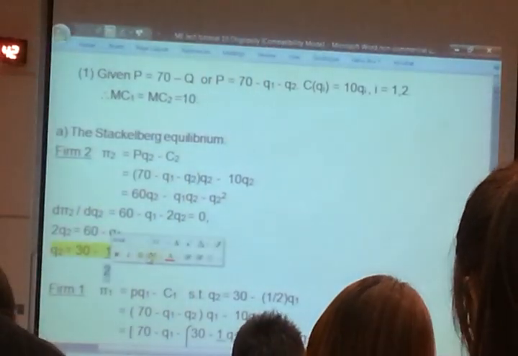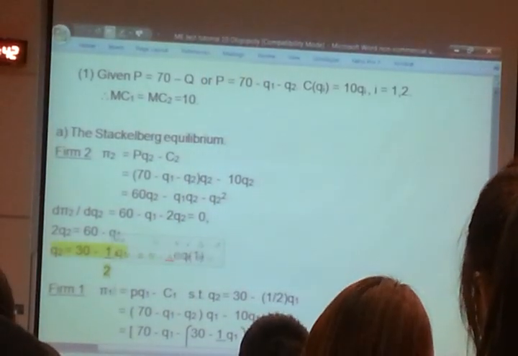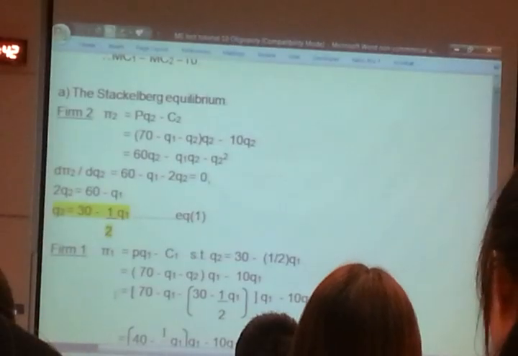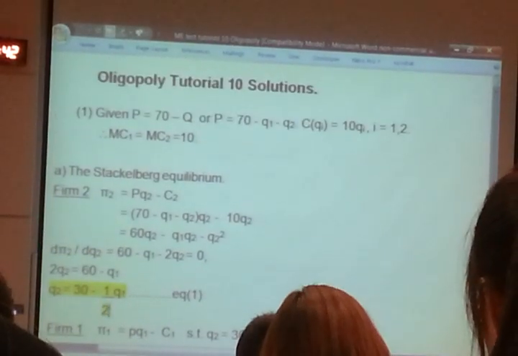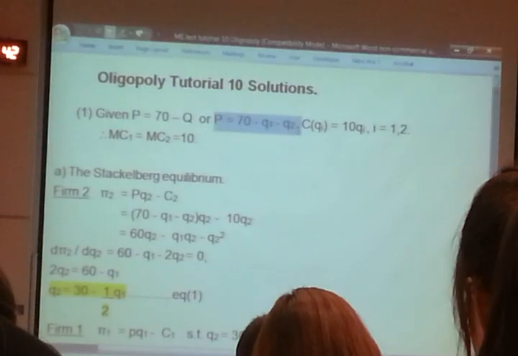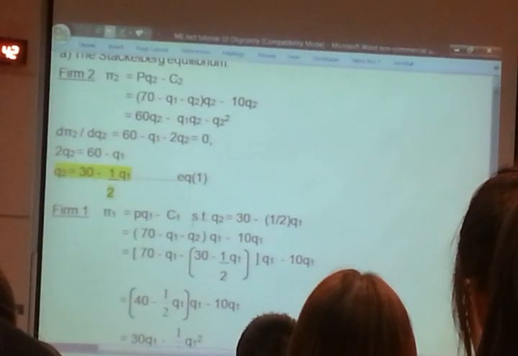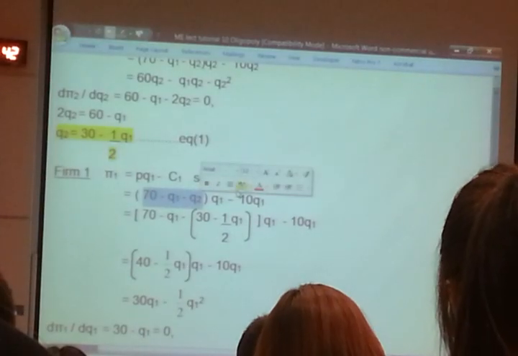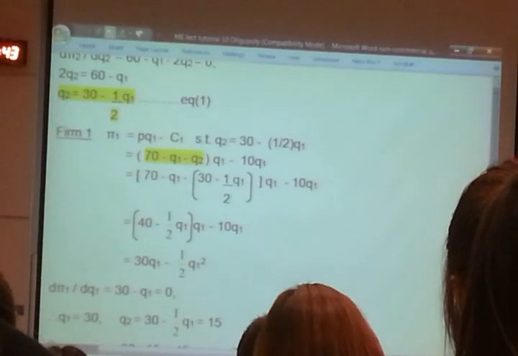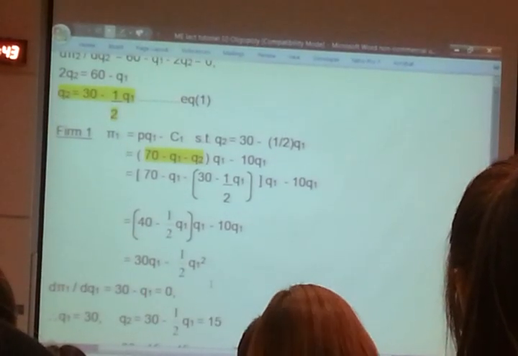Okay, after we do this, now we look at the firm 1. Firm 1, of course, wants to maximize profit. And again, you can see P is this. So this is your P, times Q1. I think here you have to be careful.